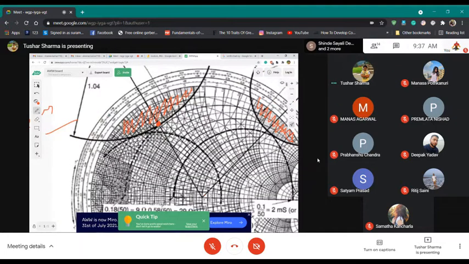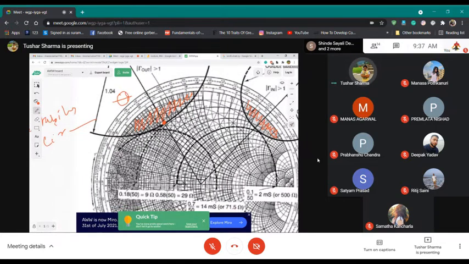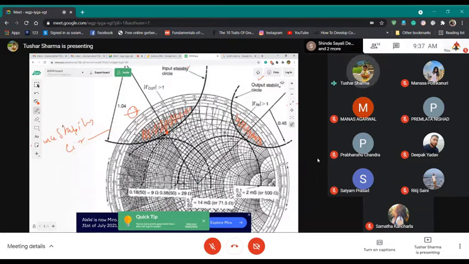For the folks who are attending for the first time, in a Smith chart you have constant R circles, the ones going this way, the constant resistance circles.